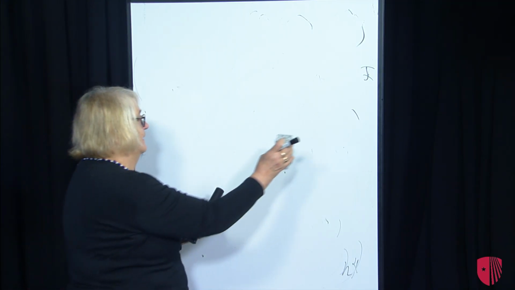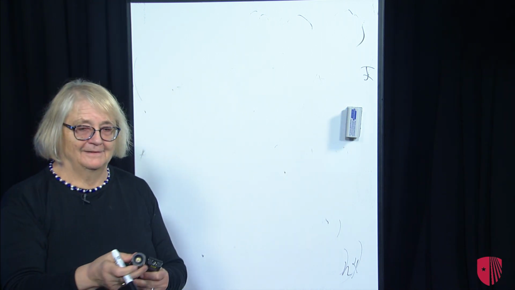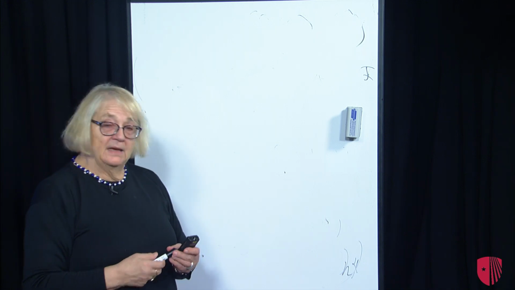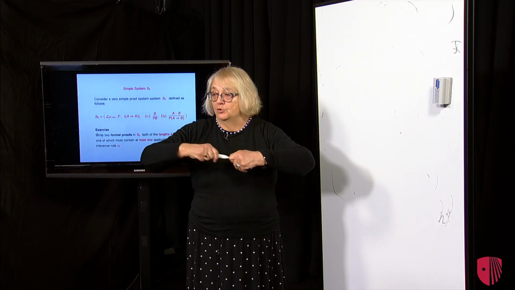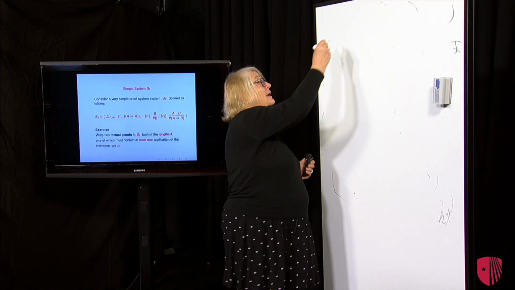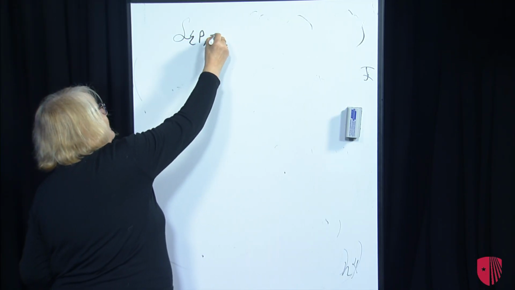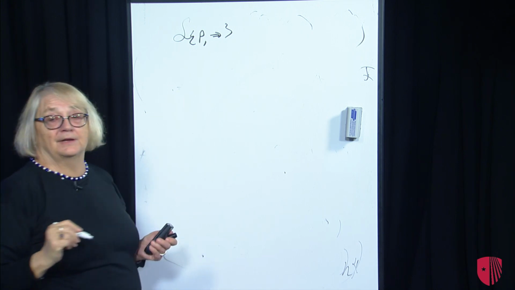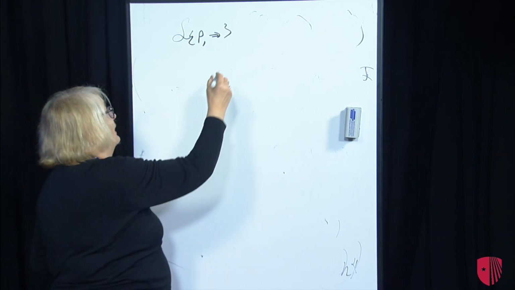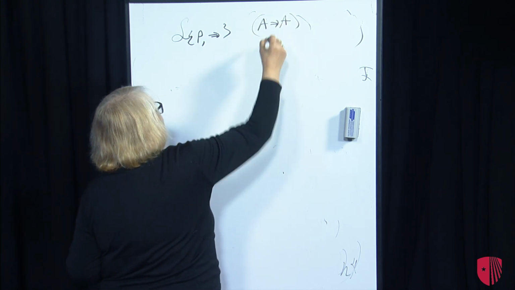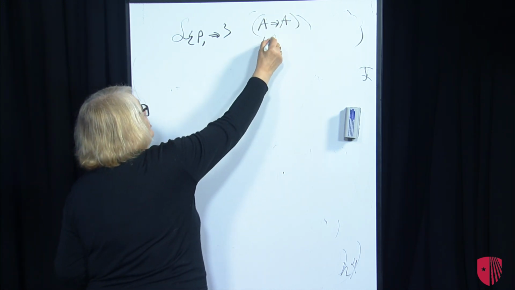Maybe I'll put it here so I'm not running back and forth. So now we have two rules of inference. Now we have the language with implication. P is a one-argument connective, and you have axioms, which is A implies A, just to make it simple. This is a logical axiom.